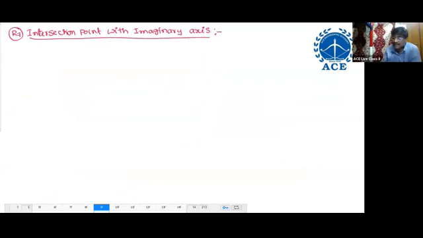How to obtain the intersection point with imaginary axis? Anybody? By using RH criteria. Very good. Intersection point with imaginary axis is obtained by RH criteria.